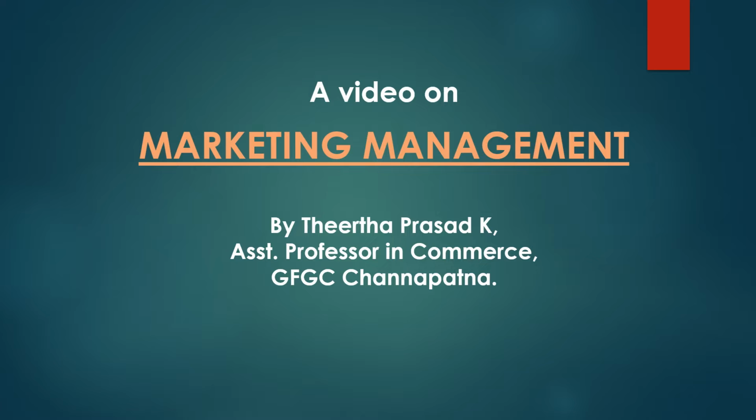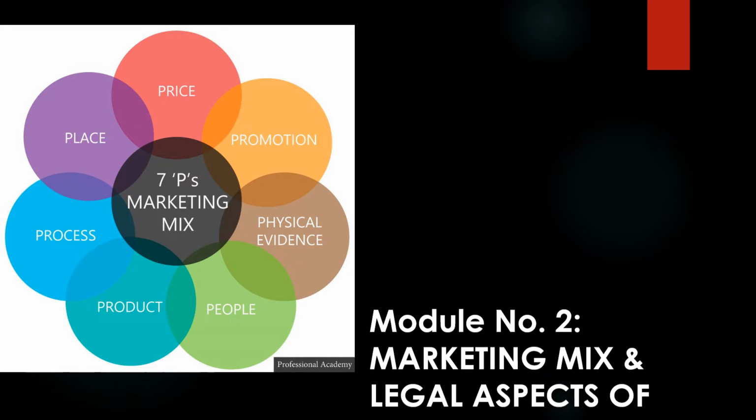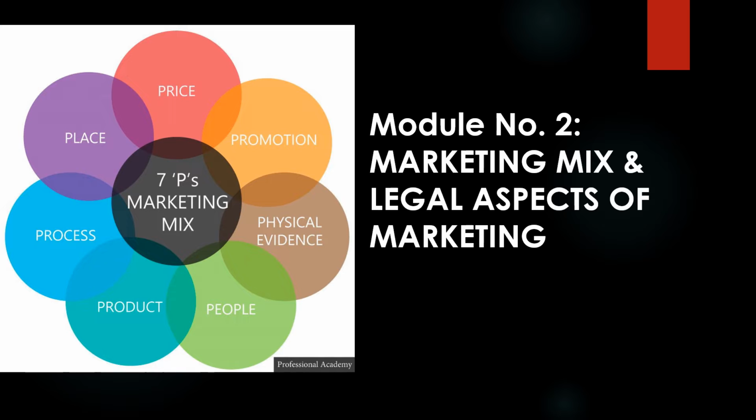I am making this video on marketing management, and the topic being marketing mix and legal aspects of marketing. Welcome to this module on marketing mix and legal aspects of marketing. In this module, we are going to study the different elements of marketing mix.